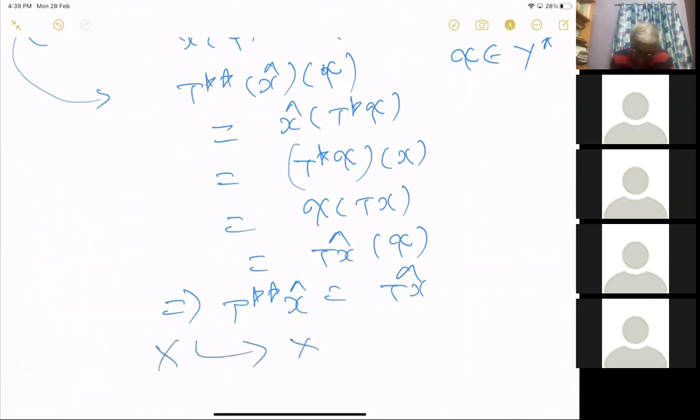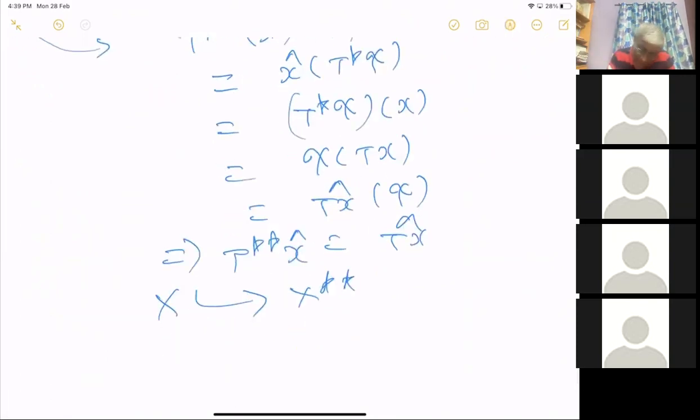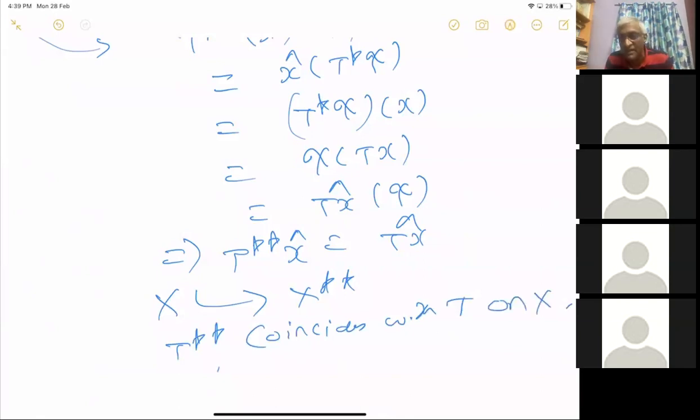X embeds in X double star as a subspace, and T double star coincides with T on X. T double star is defined on X double star, and it coincides with T on X. So this implies norm of T double star is greater than or equal to norm of T.